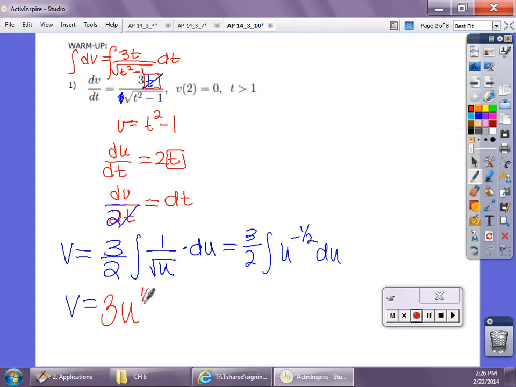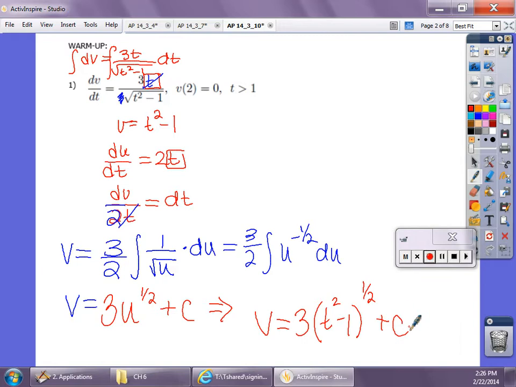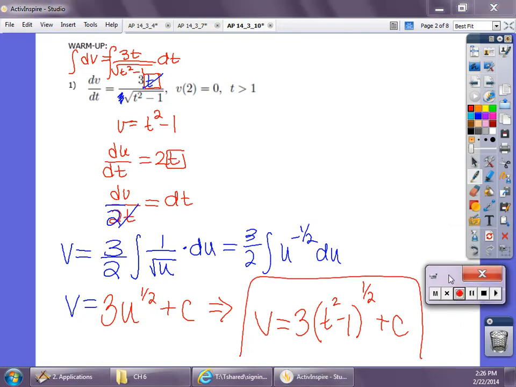So I get this as my answer, so I get v is equal to 3u, which was t squared minus 1, to the 1/2 plus c. So that's the first question of the warm-up. Hopefully you had enough time to do the second one. If not, Ms. Stedman, if you have enough time, you can press pause and give them a little bit more work time.